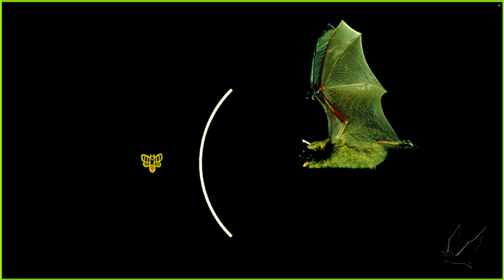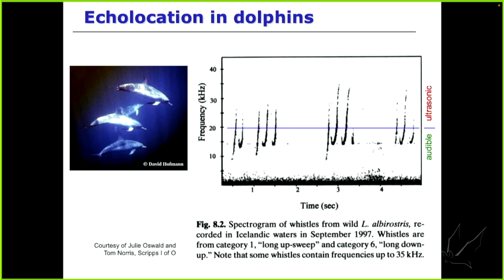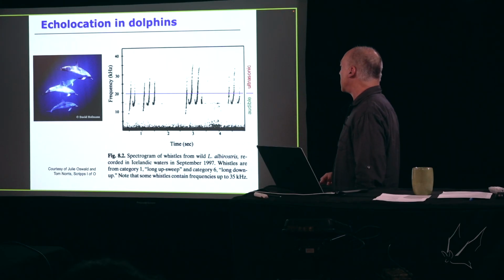Okay, so bats are putting out these pulses of sounds, listening to the echoes to get a return. And so how do we begin to interpret this? Other animals, such as cetaceans, do this as well. They do it in the water. And the simple way that we can interpret and view these sounds, as we humans are much more visually oriented, so rather than just listening to them and trying to get something, we typically convert it to a visual display, and then we can tap into our visual cortex, which is more developed on our side.